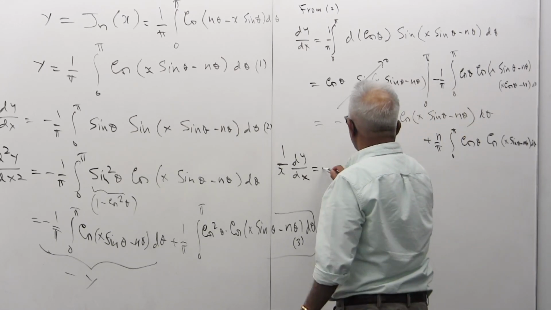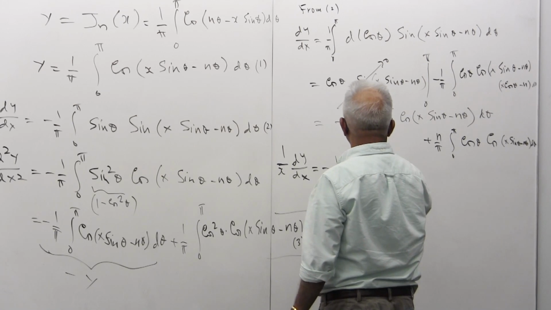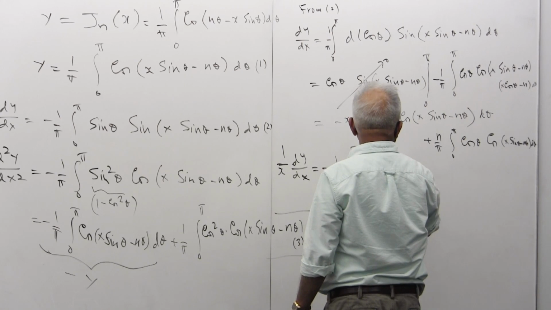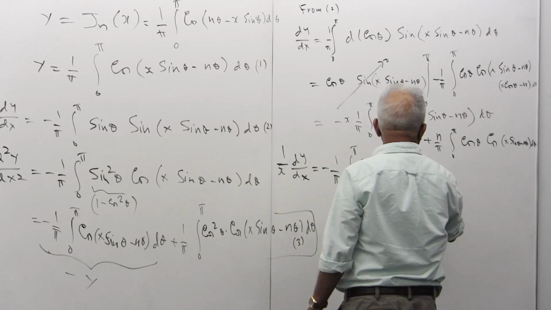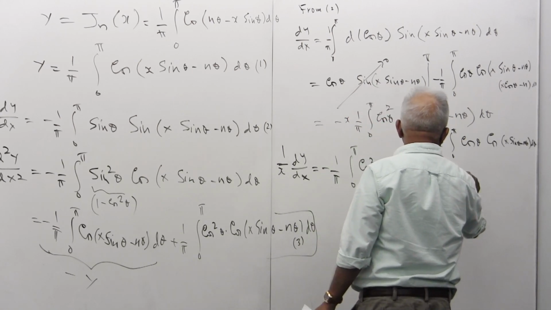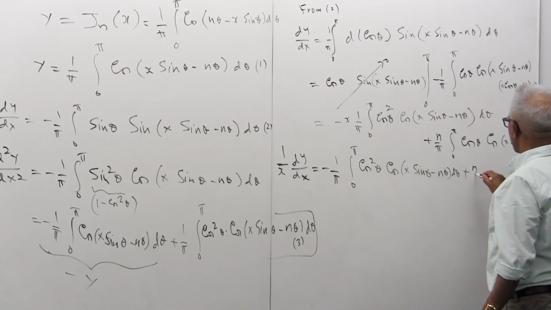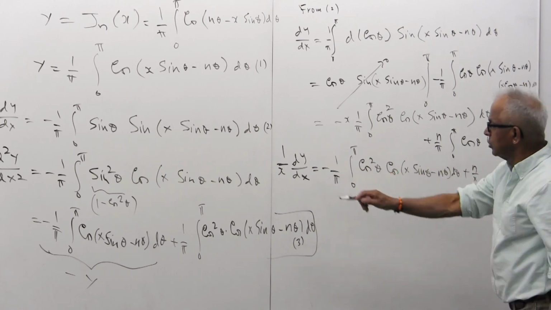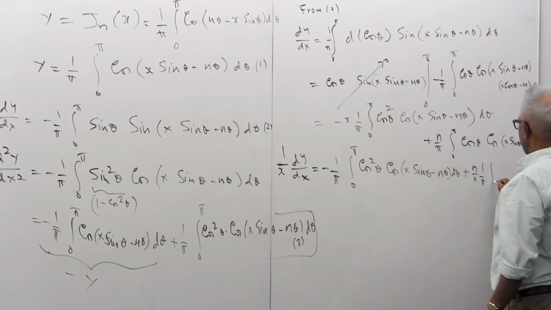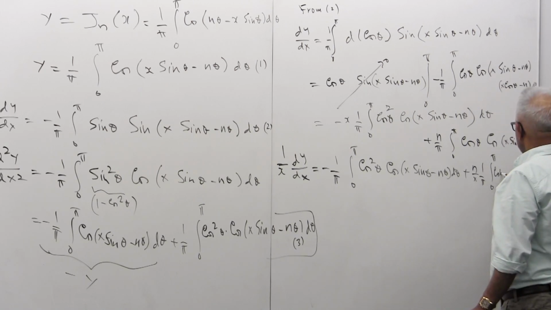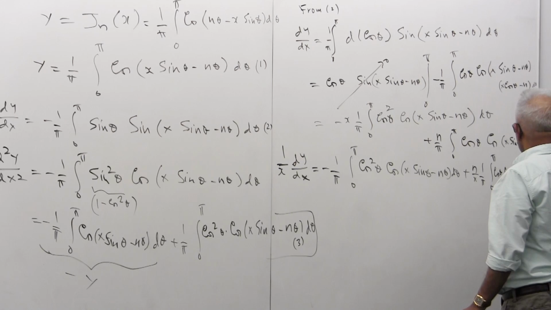So this x goes away, so this is minus 1 over pi integral 0 to pi cos squared theta cos(x sin theta minus n theta) d theta, plus n over x, because I pulled out an x there, 1 over pi integral 0 to pi cos theta cos(x sin theta minus n theta) d theta.